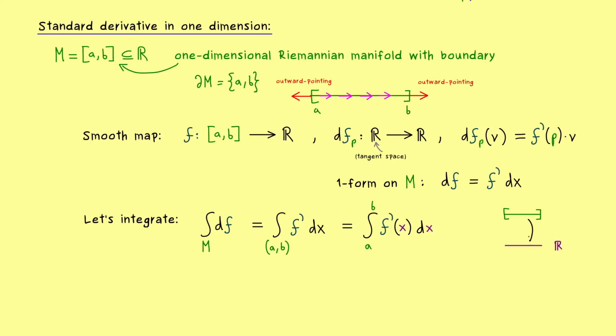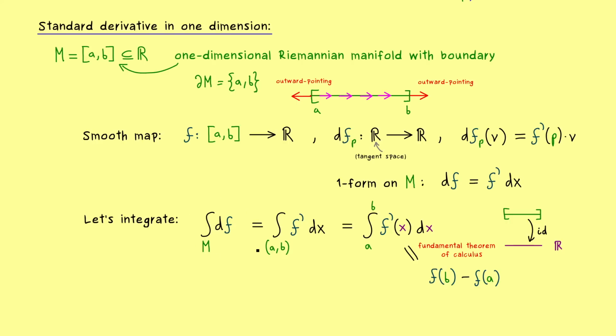So if you want, you can see the whole thing as an abstract manifold where we have the chart given as the identity map. Also in this sense, our f' is the component function which we essentially integrate in the end. And exactly there we know the result already because we have the fundamental theorem of calculus in one dimension. So we have f at the point B minus f at the point A.